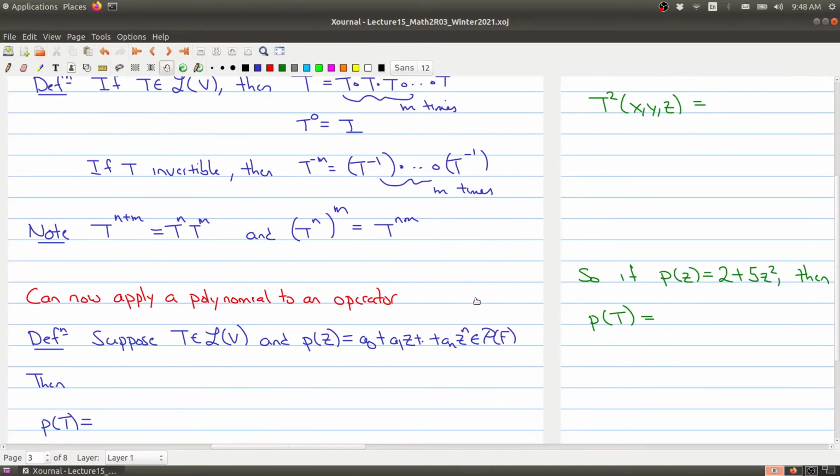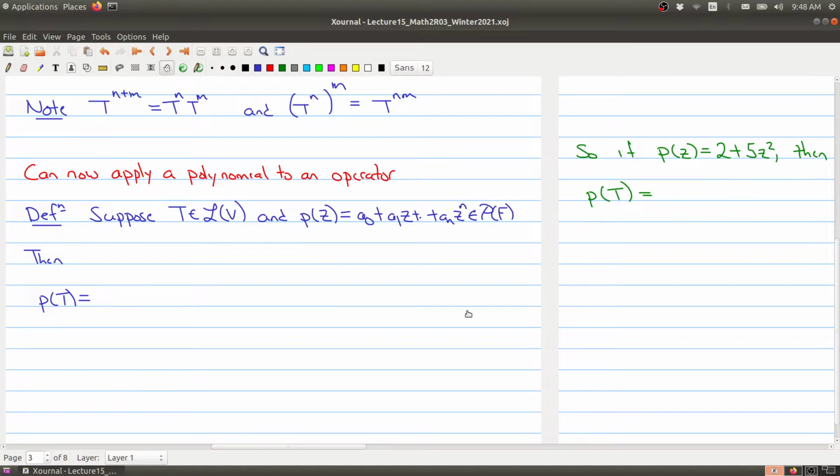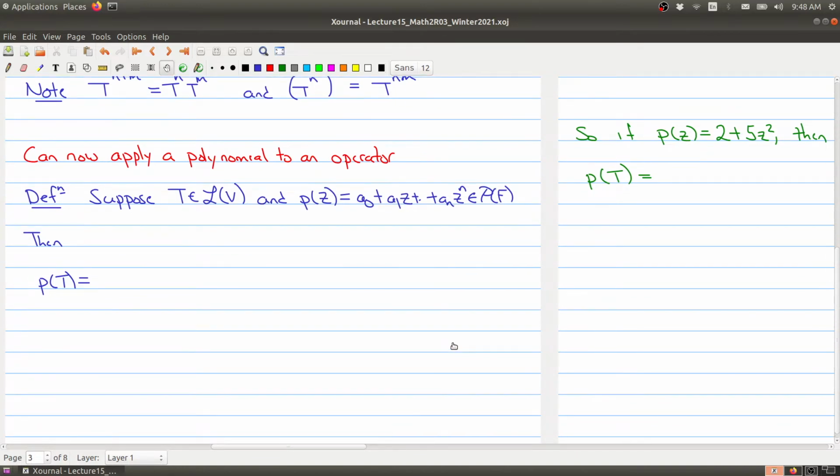Okay, so let me explain what we can do with this. Suppose that we have a vector space, and T is a linear map from V to itself. And I give you any polynomial, where the coefficients are in the field.